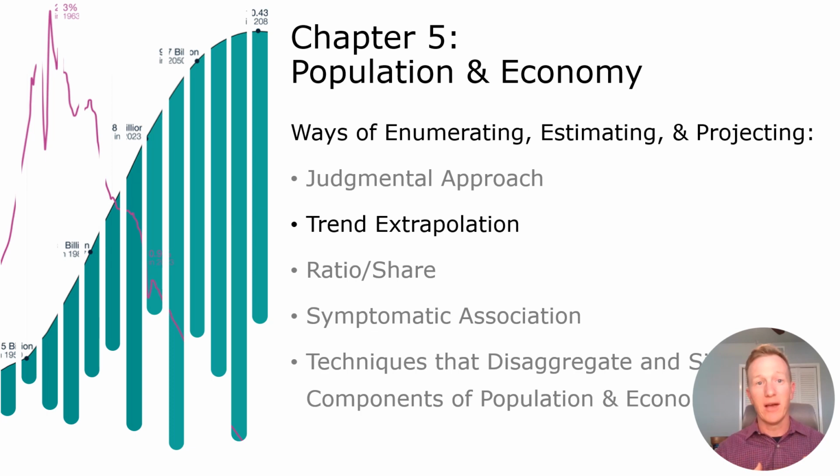So this is when you look at a trend, and then based on that trend, you look at the future. This should come with a warning, and that warning is past indicators are not a guarantee of future results. So when you're doing extrapolations, you're going to plot the previous set of figures, and then you're going to use a projection to create future figures.